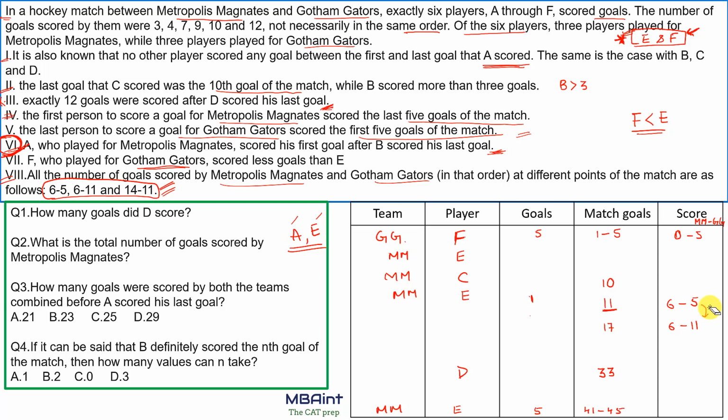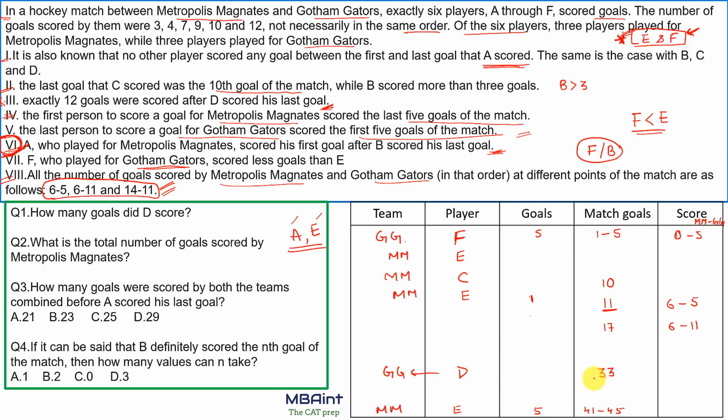So who can make 6 goals from team GG? We know that D is GG. So who else can make goals from GG? It could be either F or B, right?